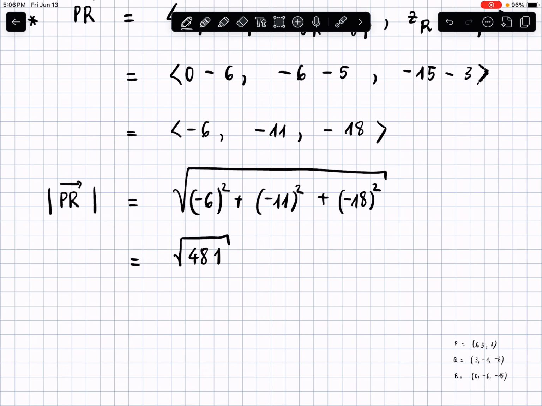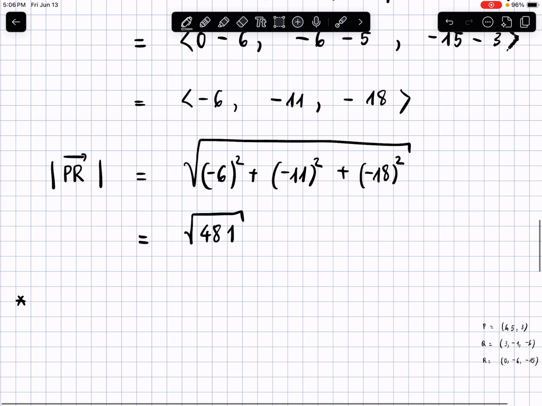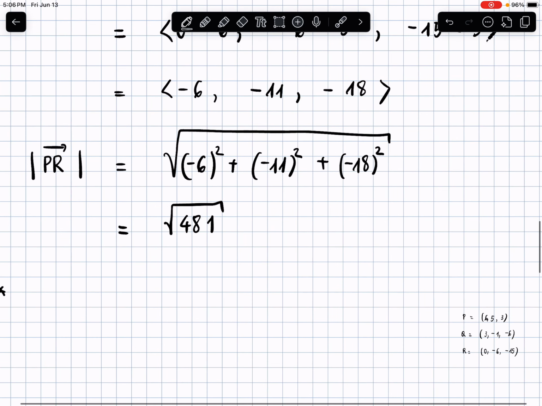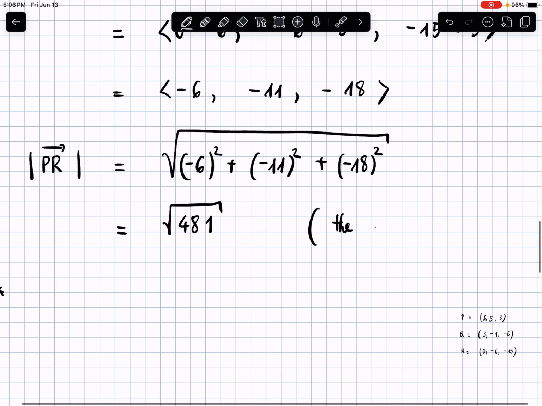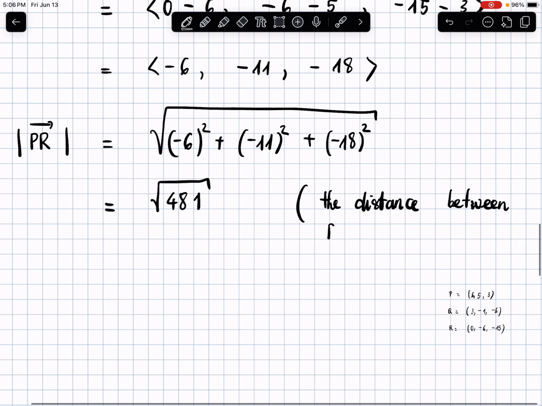So this is the distance between P and R.